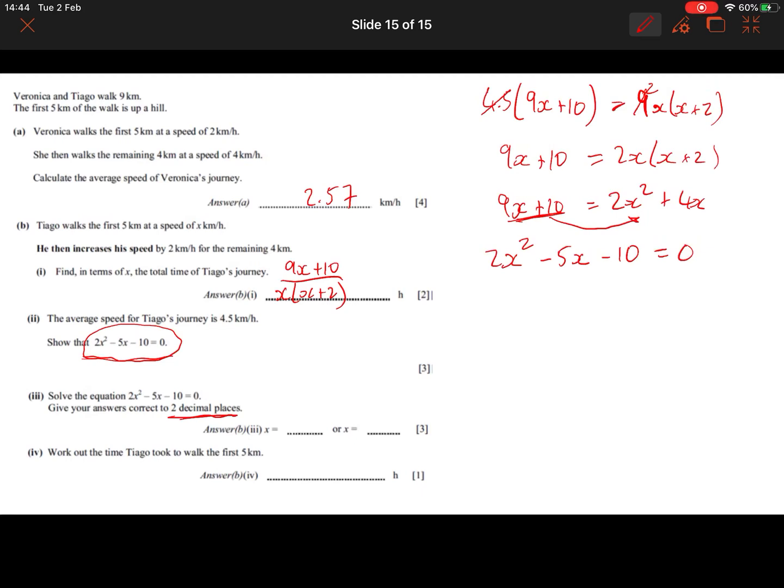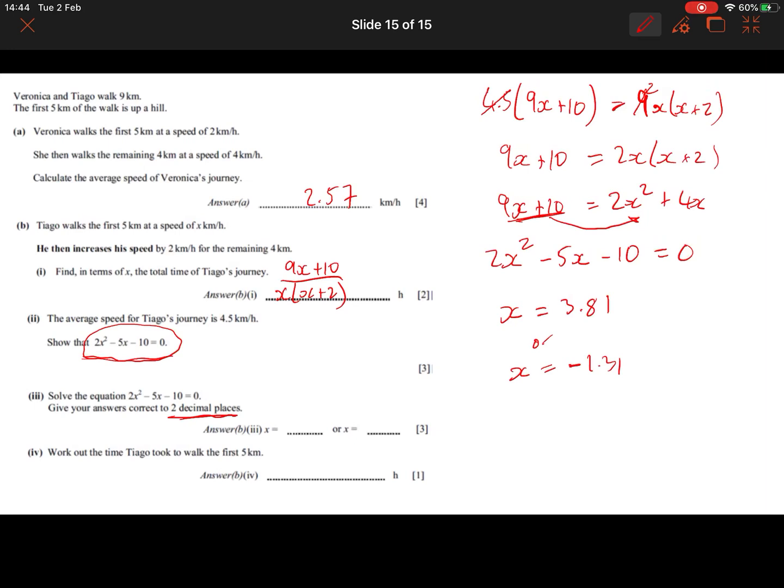So I go polynomial, so quadratic. My A is 2, my B is minus 5, my C is minus 10, and I throw that into my calculator and I get x is equal to 3.81 to 3 significant figures, or x is equal to negative 1.31, which is my 2 answers there.